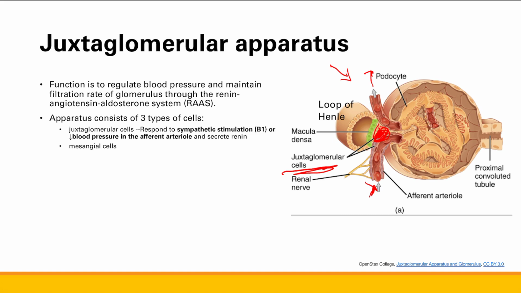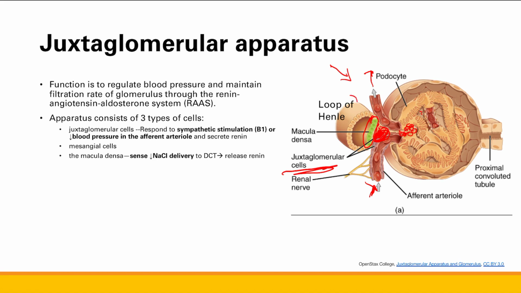Next, we have mesangial cells. Not much to say about them. Mesangium is just specialized tissue in the glomerulus. And finally, we have the macula densa. Macula densa, I told you, was a group of cells in the distal end of the loop of Henle, and these sense the sodium chloride levels.